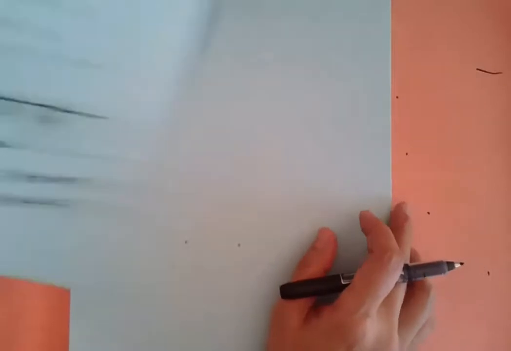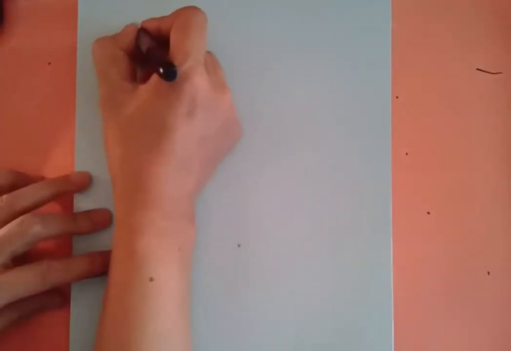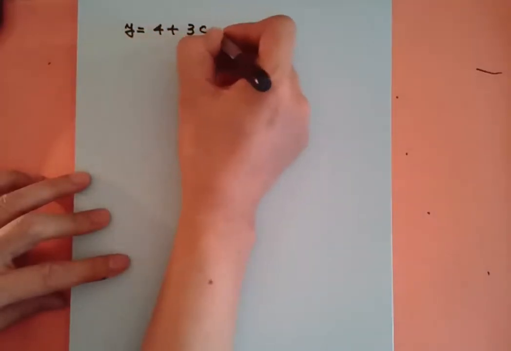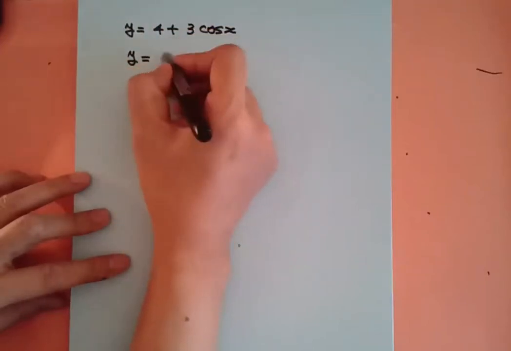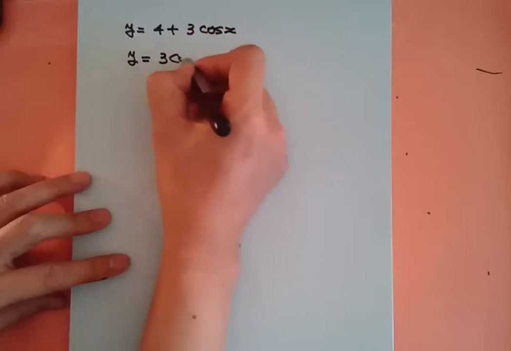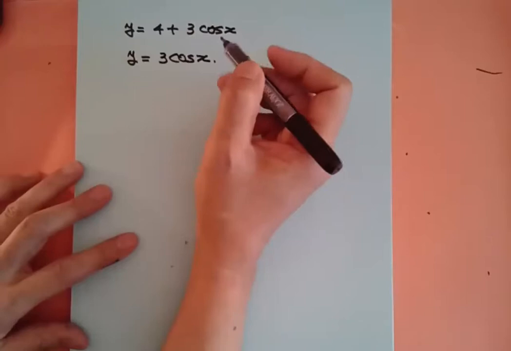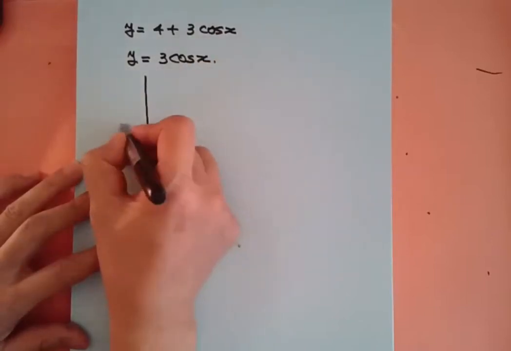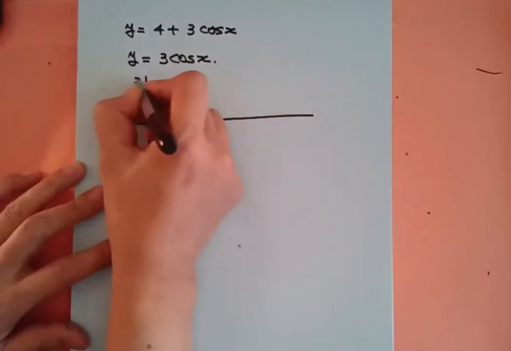And we have another graph, y equals 4 plus 3 cosine of x. To do that, we start with cosine, y equals 3 cosine of x. The graph follows the general pattern of cosine, so we start at the maximum 3.